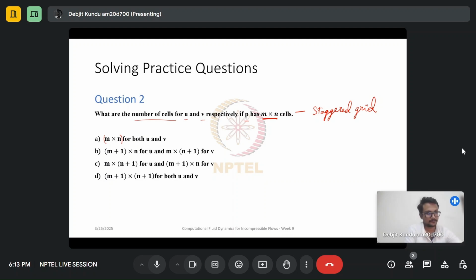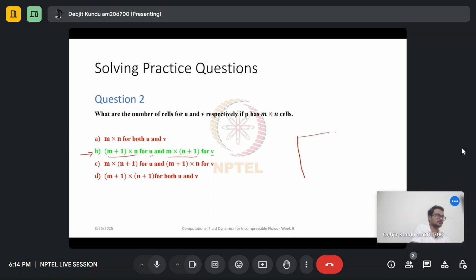Okay, so let's take a look at the solution. It's actually option B, m plus 1 cross n for u and m cross n plus 1 for v. So let's take a simple example. We will use a 4 cross 4 grid for p.